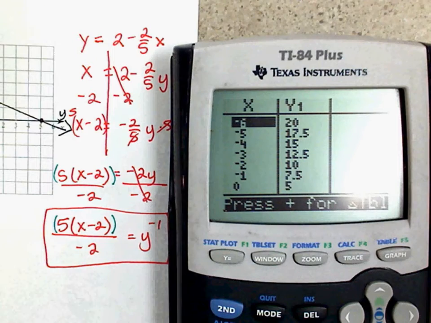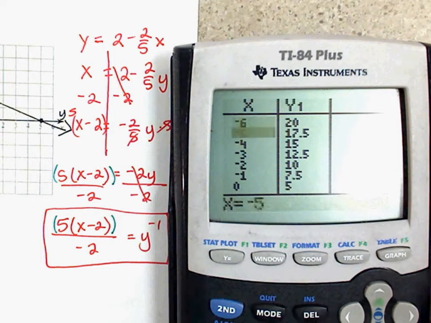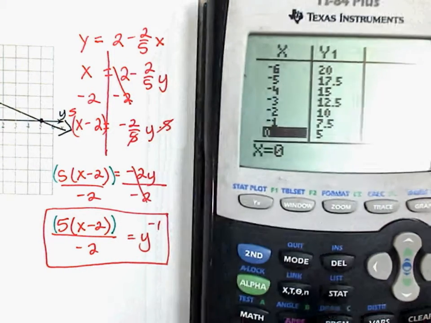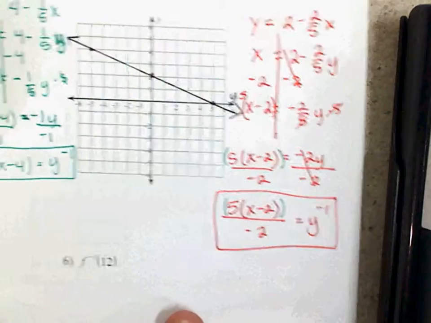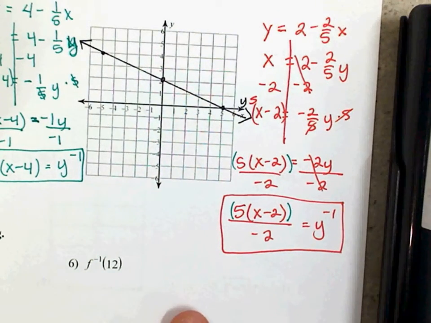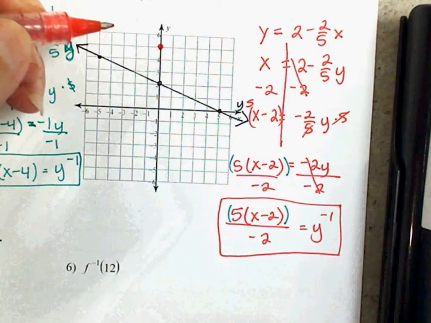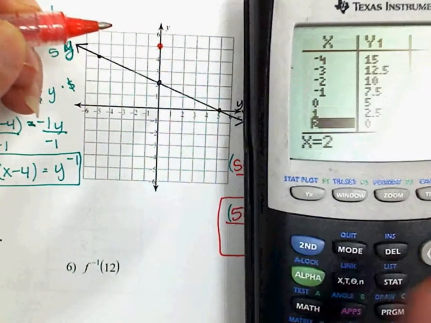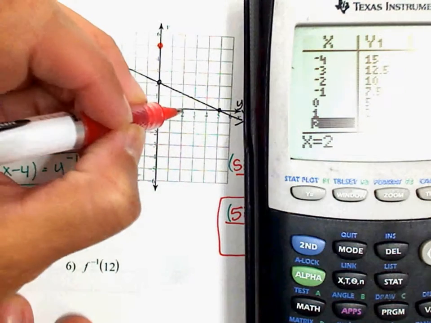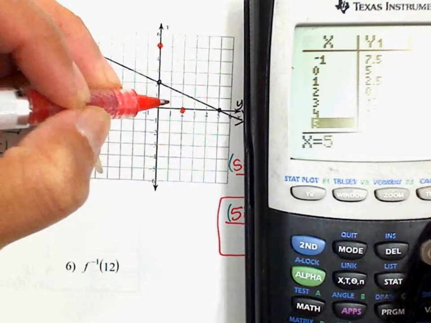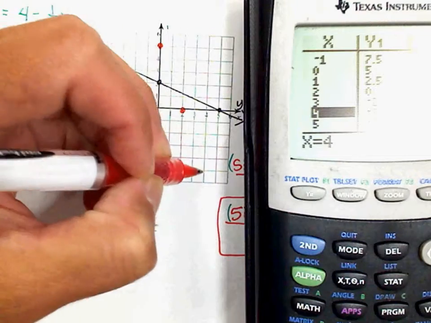Okay? So how about 0, 5? How about 2, 0? How about 4, negative 5? And connect your points.